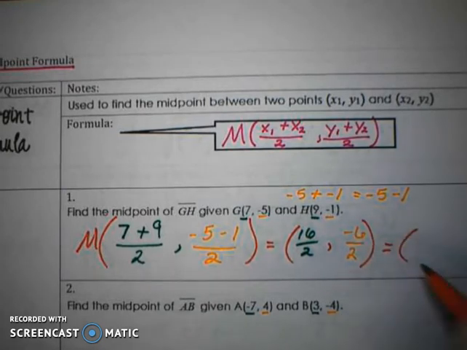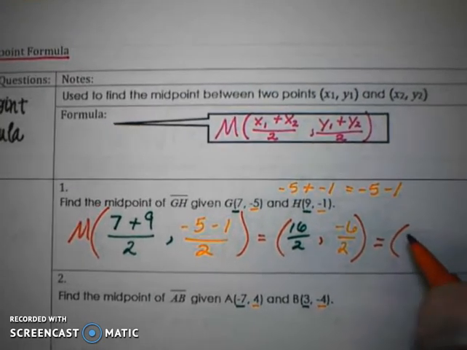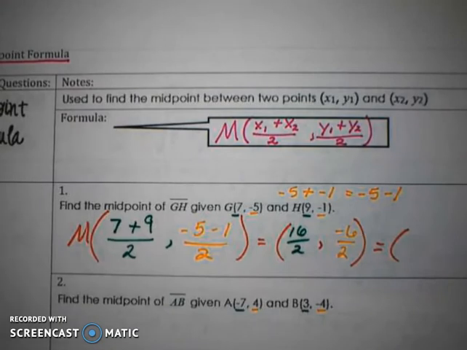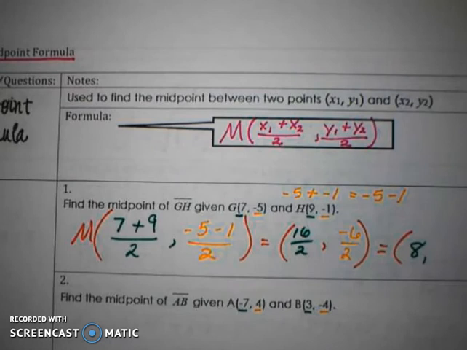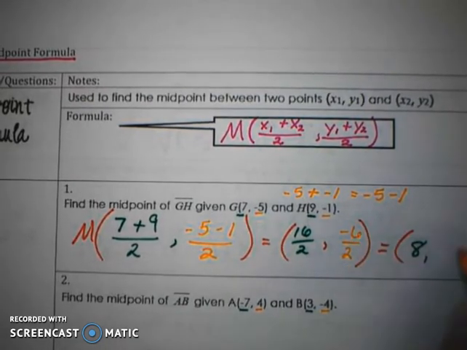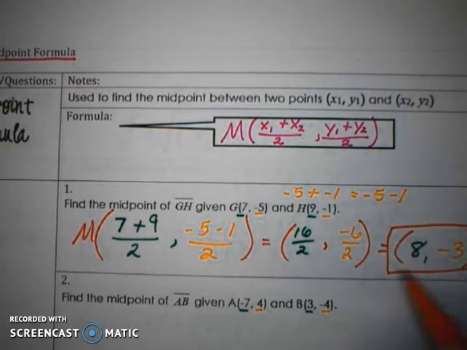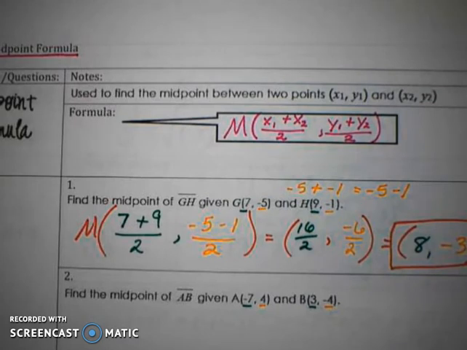So we're going to simplify further and get our final answer. 16 divided by 2 is 8, and -6 divided by 2 is -3. So that is our answer. That is the midpoint of this segment GH.